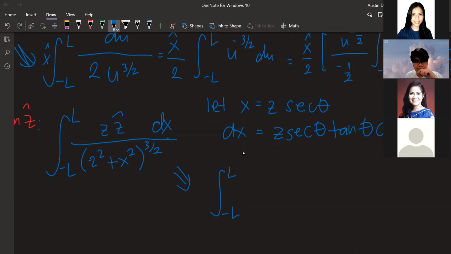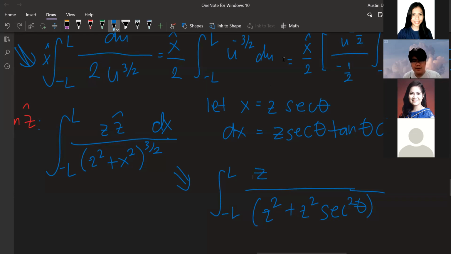Okay, so we have yung denominator natin, sulat natin as z squared. And then yung x squared mo will be z squared plus z squared secant squared theta d theta. And then yung numerator mo will be z.